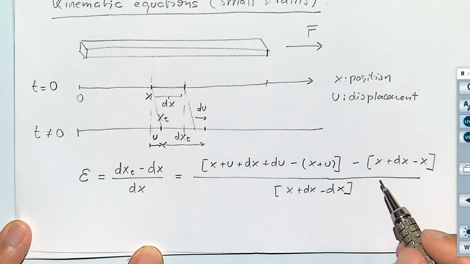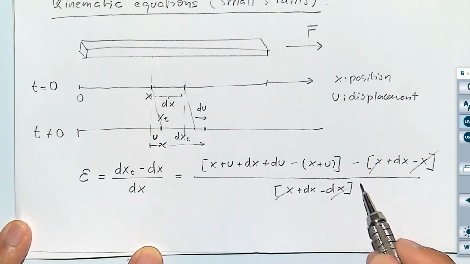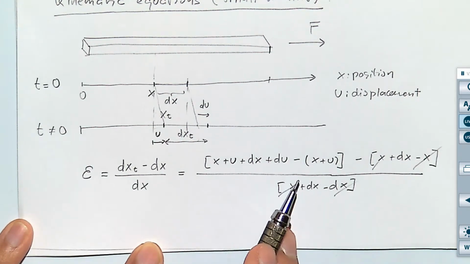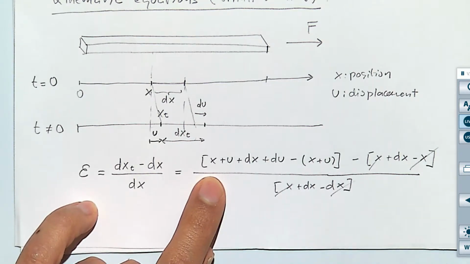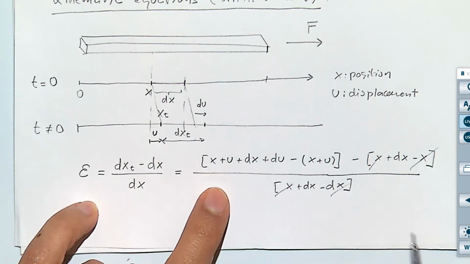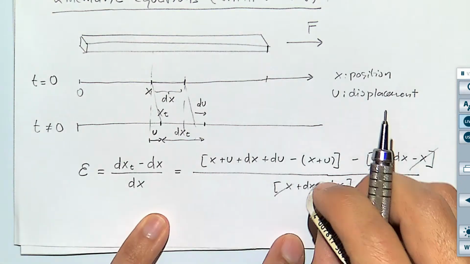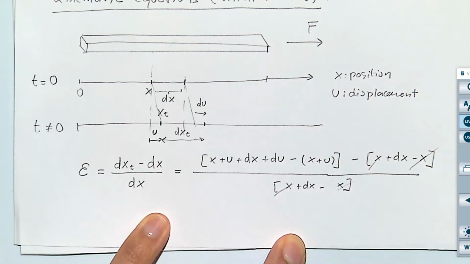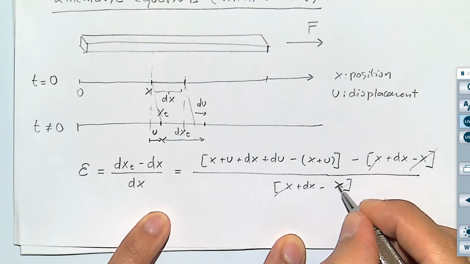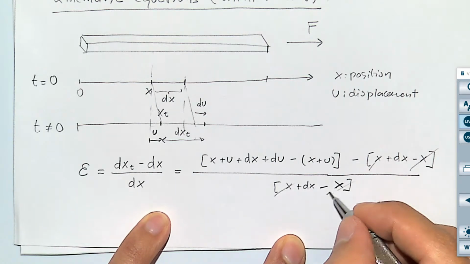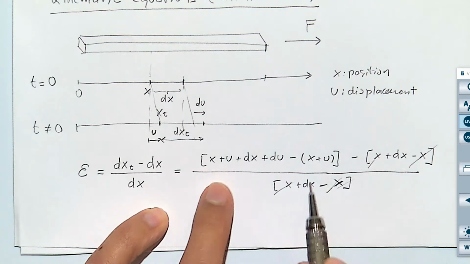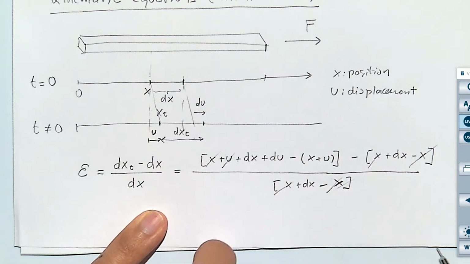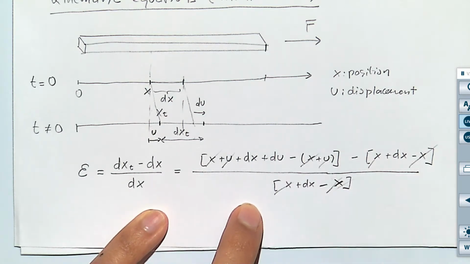All right, so this x is going to go away, that one is going to go away. Notice over here, this is just x, so that x goes away with that one. Notice here we have xu and xu, so these two are going to go away.